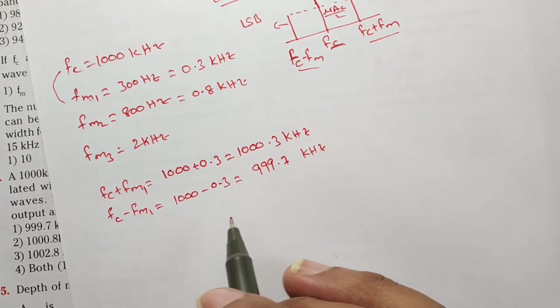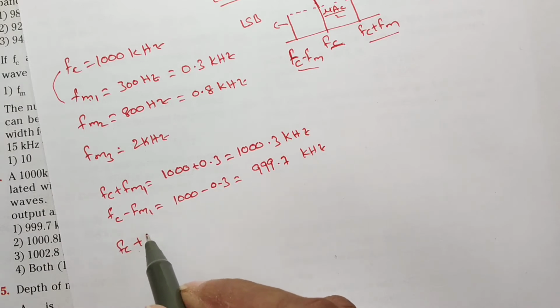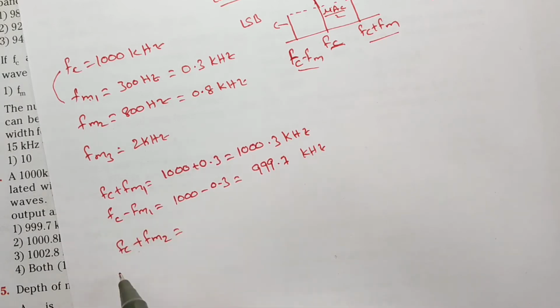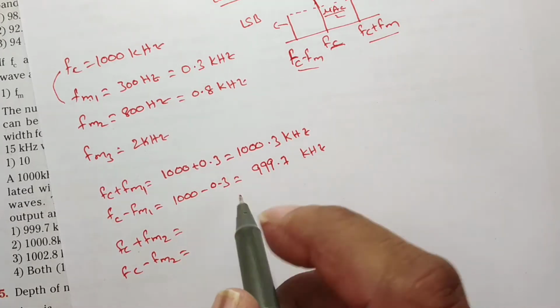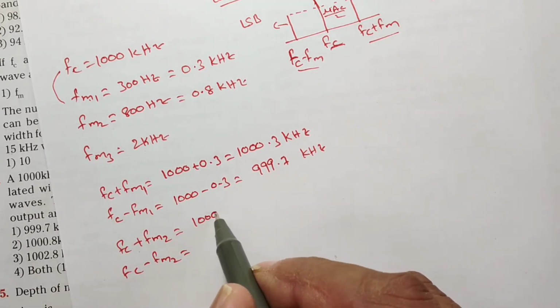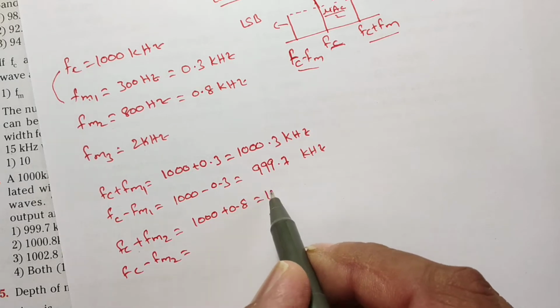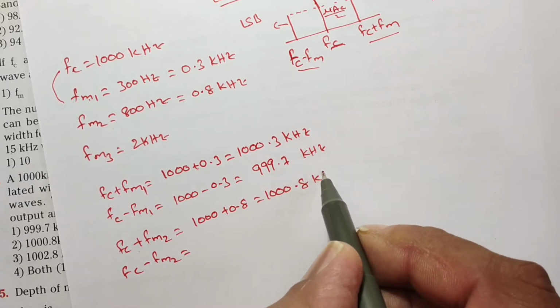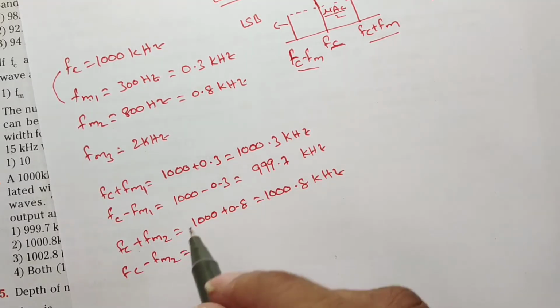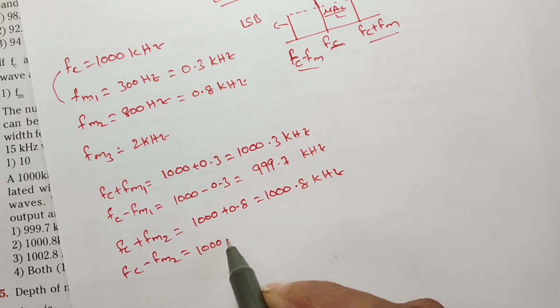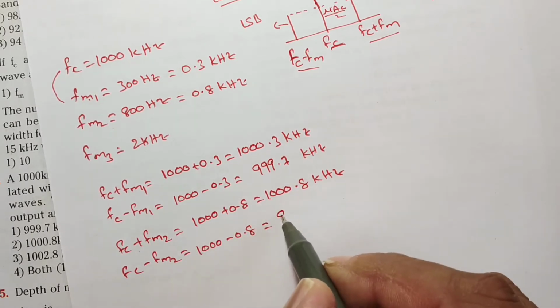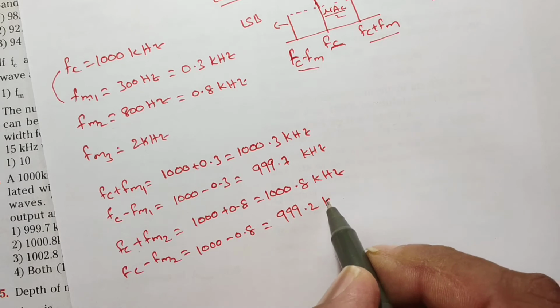Similarly, fc plus fm2 is 1000 plus 0.8, that means 1000.8 kilohertz, and fc minus fm2, 1000 minus 0.8, that means 999.2 kilohertz.